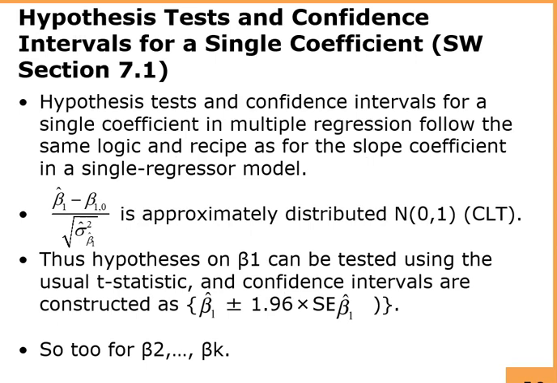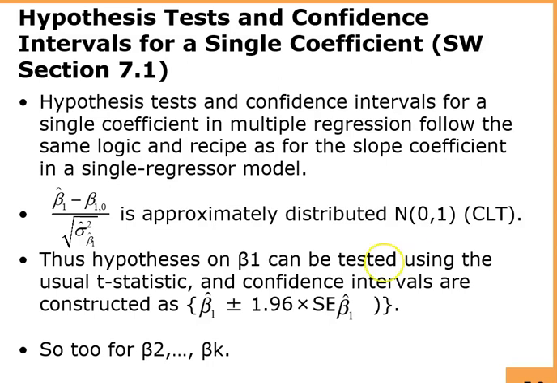So the first thing that we will do is start off with the hypothesis testing and confidence intervals for single coefficients. The hypothesis test and confidence interval which emerge from a multiple regression analysis follow the same kind of logic as for the slope coefficient in a single regressor model.